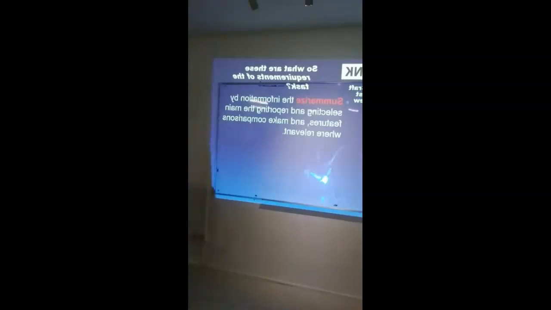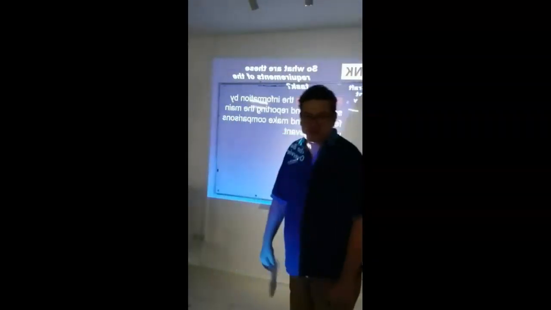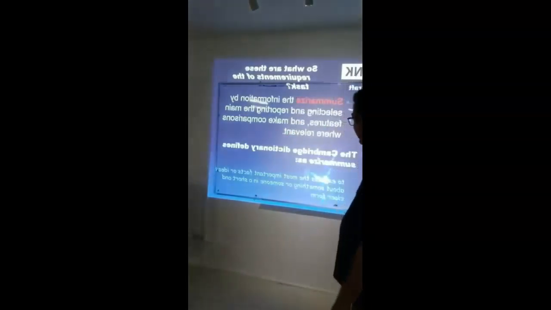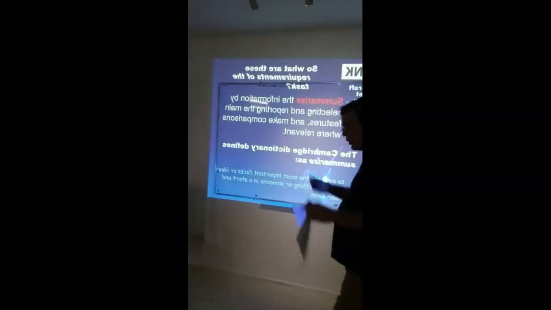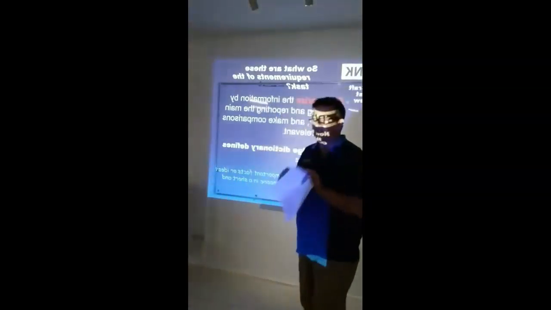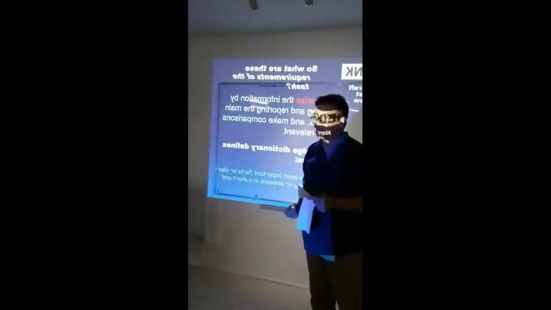Summarize. Well, the dictionary describes summarize this way: to express the most important facts or ideas about something or someone in a short and clear form, in as few words as possible.